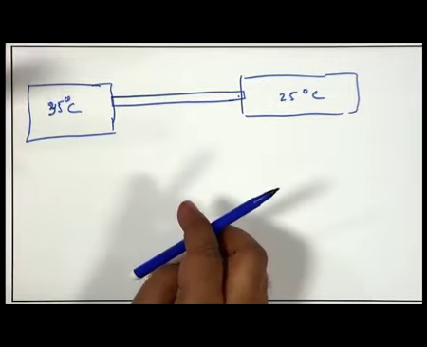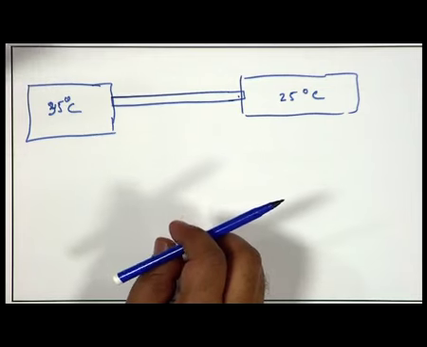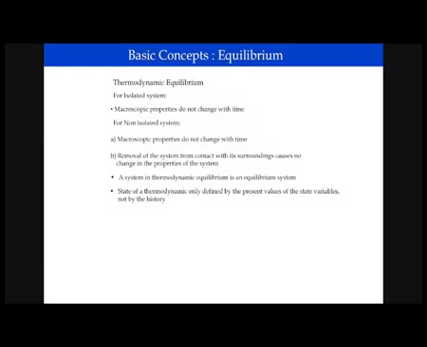So, for a non-isolated system, as I said, you need to fulfill two conditions: macroscopic properties do not change with time, and removal of the system from contact with the surroundings causes no change in properties of the system. If only the first one is fulfilled, as in the example I gave just now, then we call that the system is in a steady state, not in equilibrium.